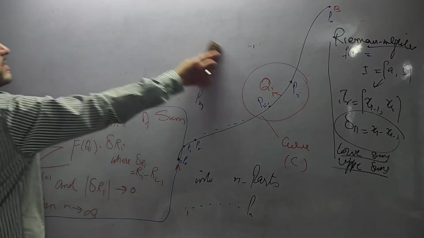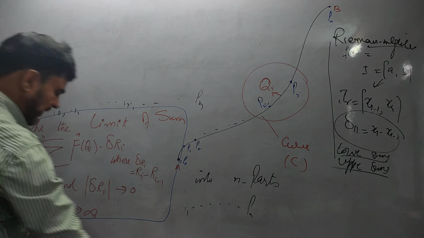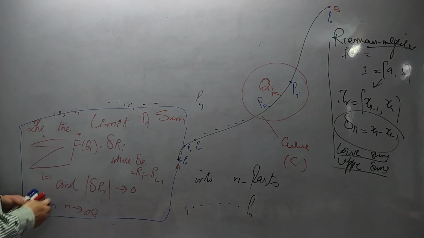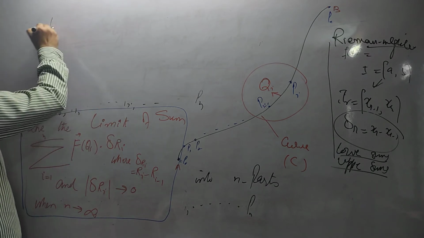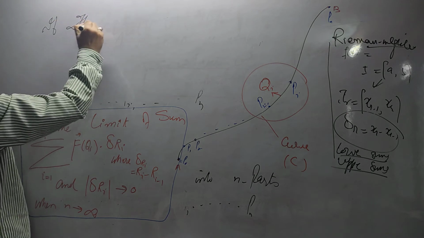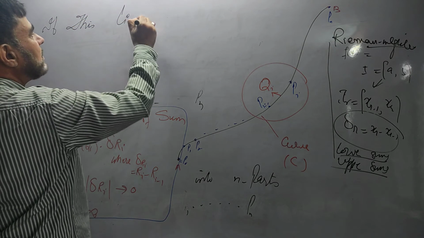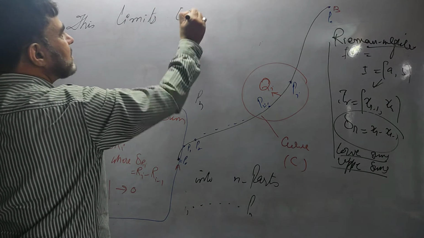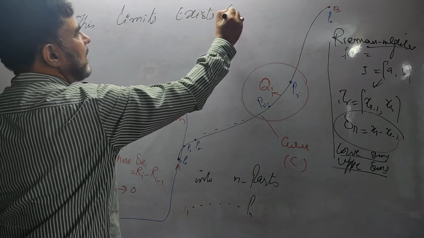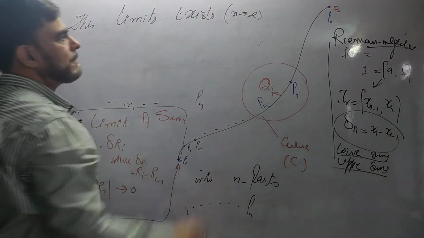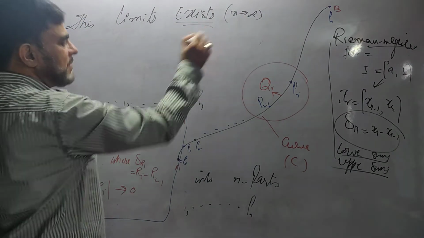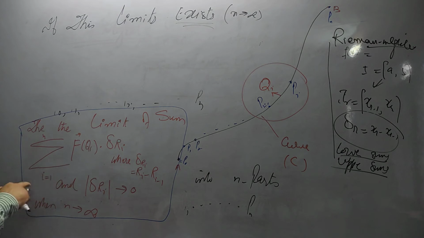After this I write, if this limit exists as n tends to infinity. In our language, exists means it must be finite. When we find this limit of this sum, when it is a finite number, then we define that finite number as the line integral.